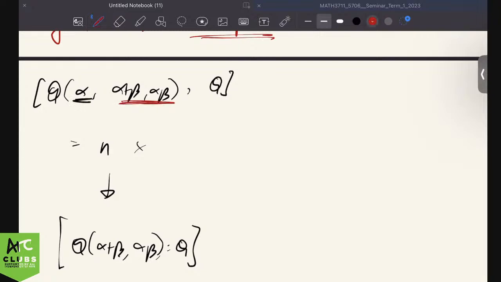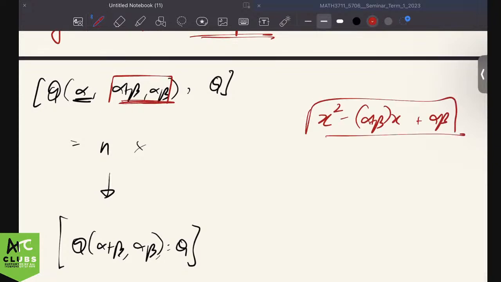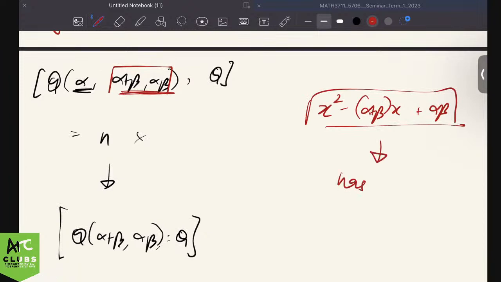And we think about, well, we've seen these before in polynomials. For example, x squared minus alpha plus beta, x plus alpha beta, has roots alpha and beta. Okay? So in other words, this is a polynomial that has alpha as a root.